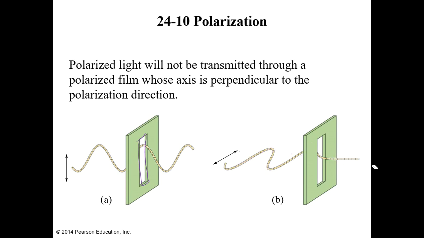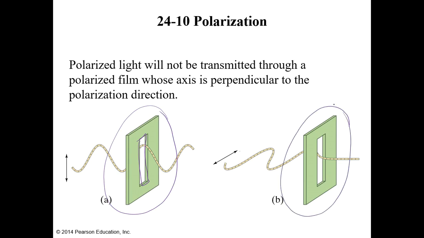So the idea of a polarizing filter is a filter that will allow one polarized direction of light to pass through, but will block out the 90 degree one, the orientation that's perpendicular to the one that it let through. So in this case, we have a vertical polarizing filter that allows the vertical waves to pass through, but cuts out all the horizontal waves.